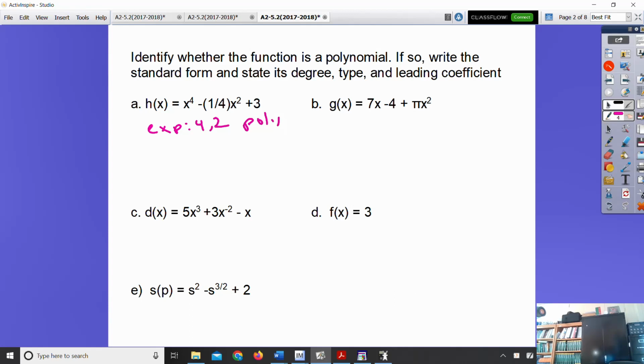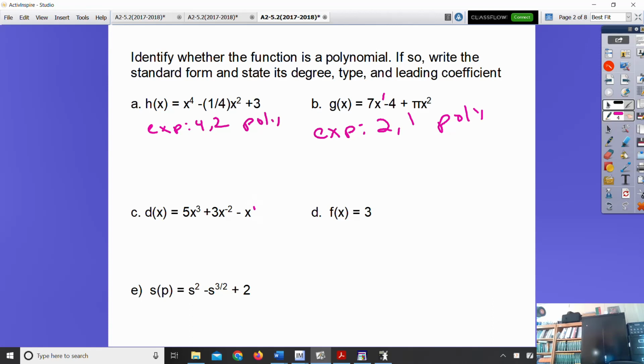In example B, what are your exponents? 2 and what? Don't forget your understoods. That x has an understood 1. Your exponents are 2 and 1. Polynomial? Yes. How about C? 3 and -2 and also 1.